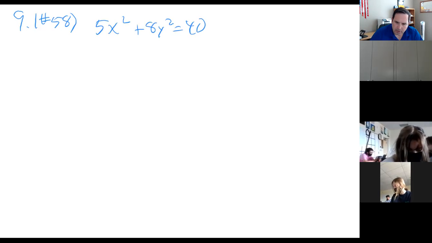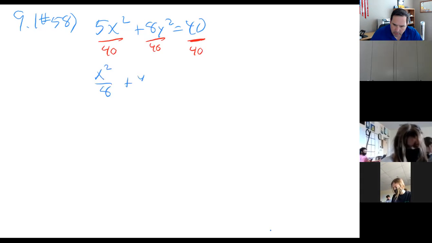Okay, so when we're doing an ellipse, we always want the term on the right side to be a 1. So we're going to divide everything by 40. That gives us x squared over 8 plus y squared over 5 equals 1.